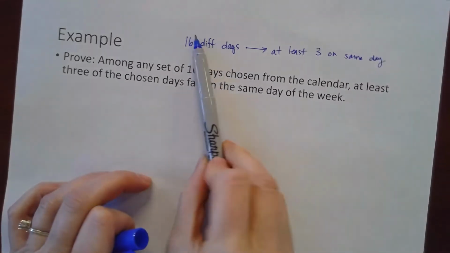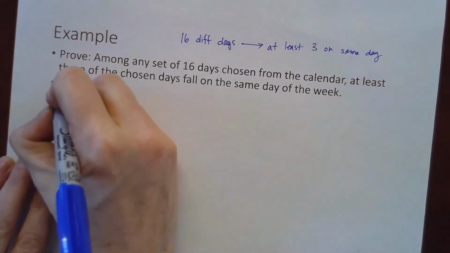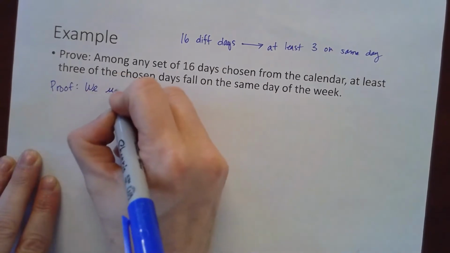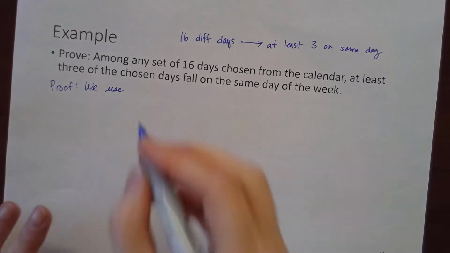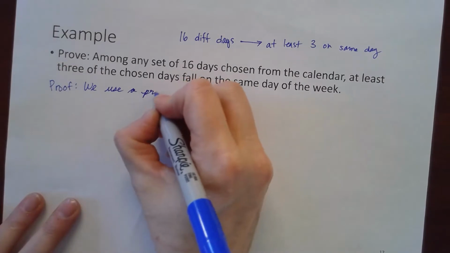There's our hypothesis, there's our conclusion. We're going to use a proof by contradiction. When you use anything other than direct proof, you usually need to alert your reader, so let's alert them: we use a proof by contradiction.